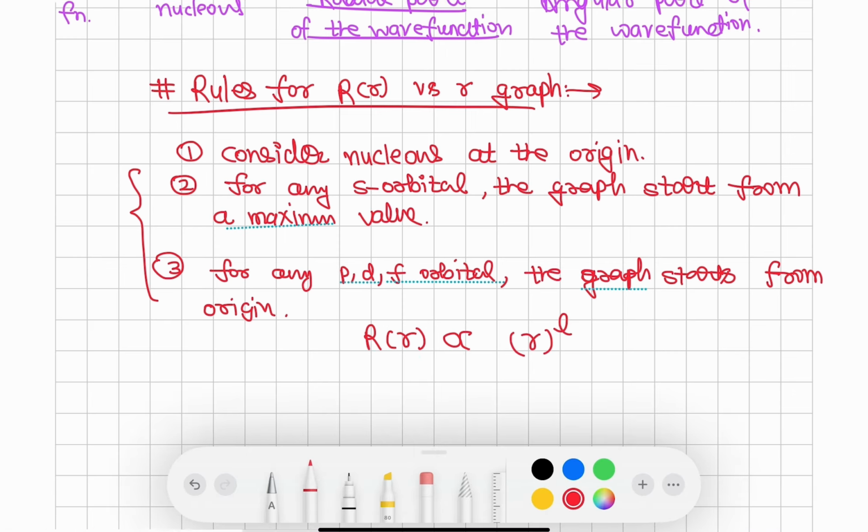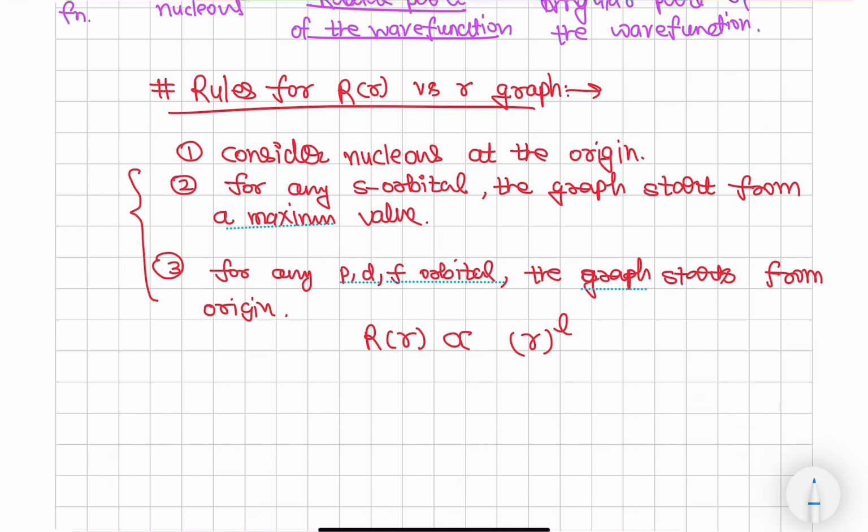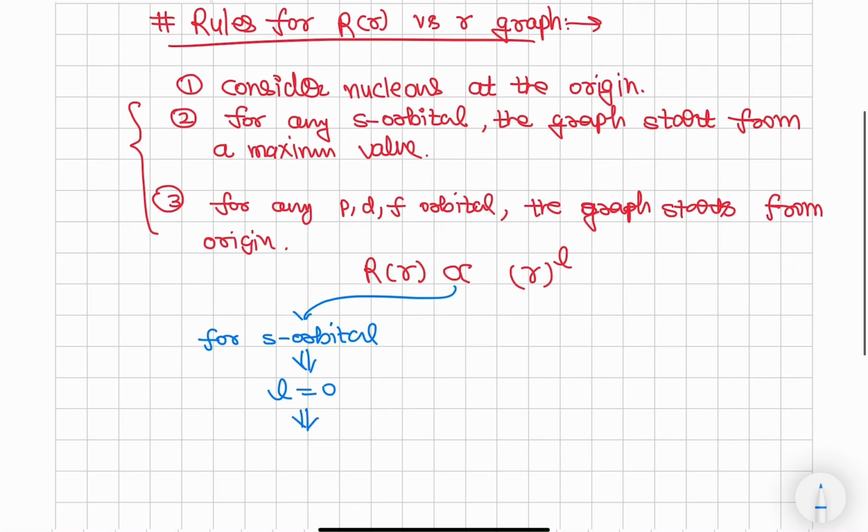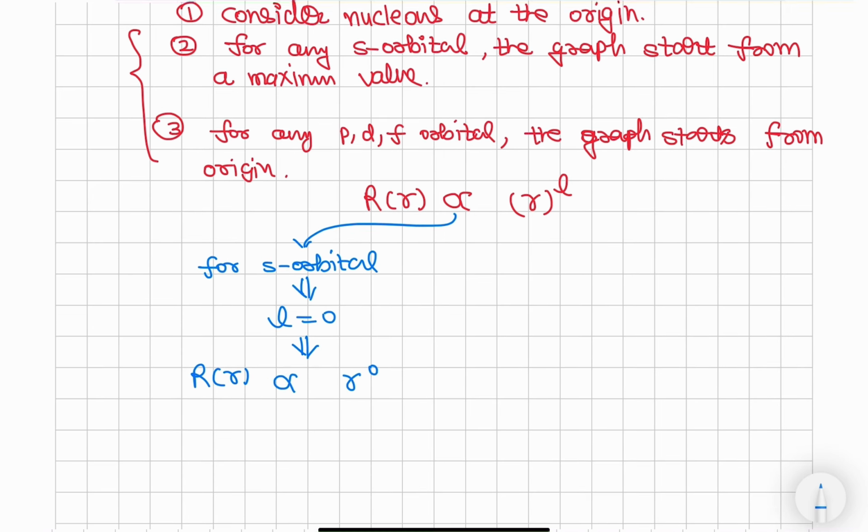For an s orbital, the value of l is 0, so R(r) is proportional to r to the power 0, which is a non-zero value. That means R(r) will not be 0.